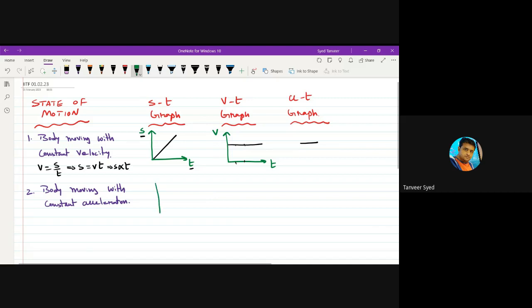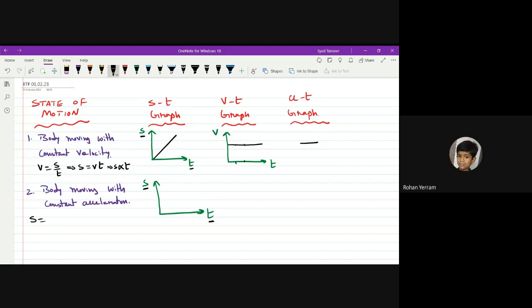We want the shape or nature of the ST graph, displacement time. To tell the shape of the graph, you should look at the equation. Which equation gives us the relation between displacement and time of a body moving with constant acceleration?